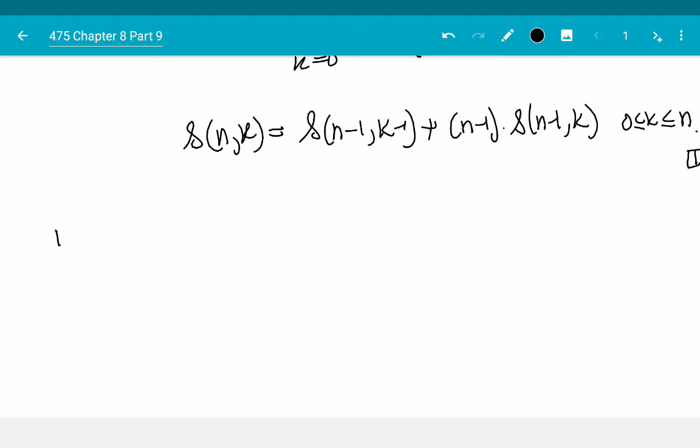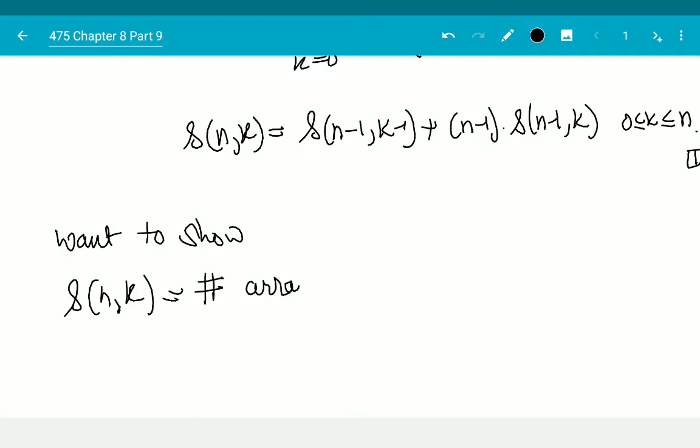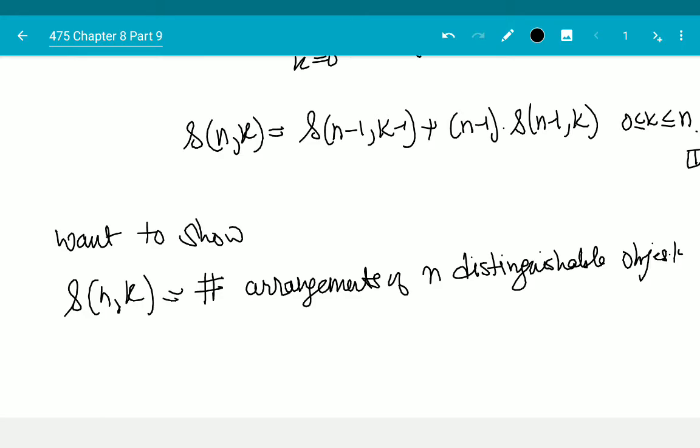What we want to show is that small s of n comma k is equal to the number of arrangements of n distinguishable objects into k non-empty circular permutations.